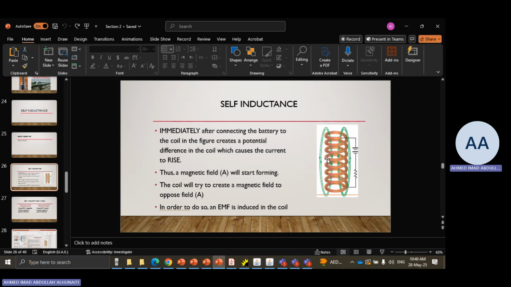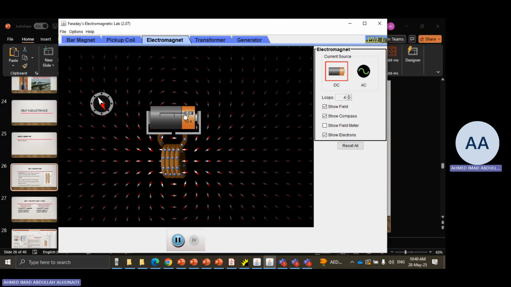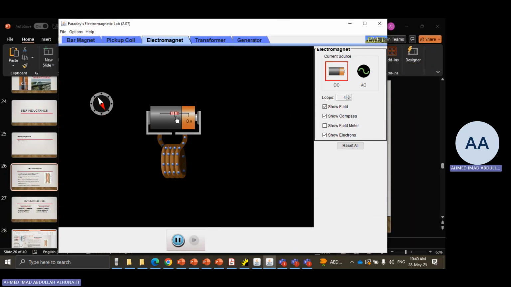Before we discuss what happens when a switch is connected, let's quickly discuss what happens when a current goes through a coil. Here we have a coil connected to a battery.